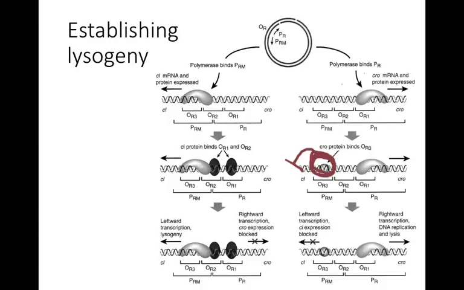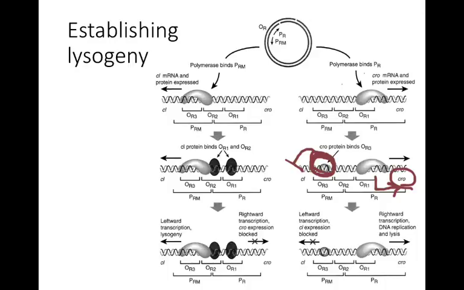At the same time, the polymerase is able to bind to the PR, or that rightward promoter, and to drive transcription of Cro. In this case, the cell will undergo a lytic life cycle, starting to express genes that are involved in DNA replication and lysis, and the virus will be blocked from going into lysogeny.